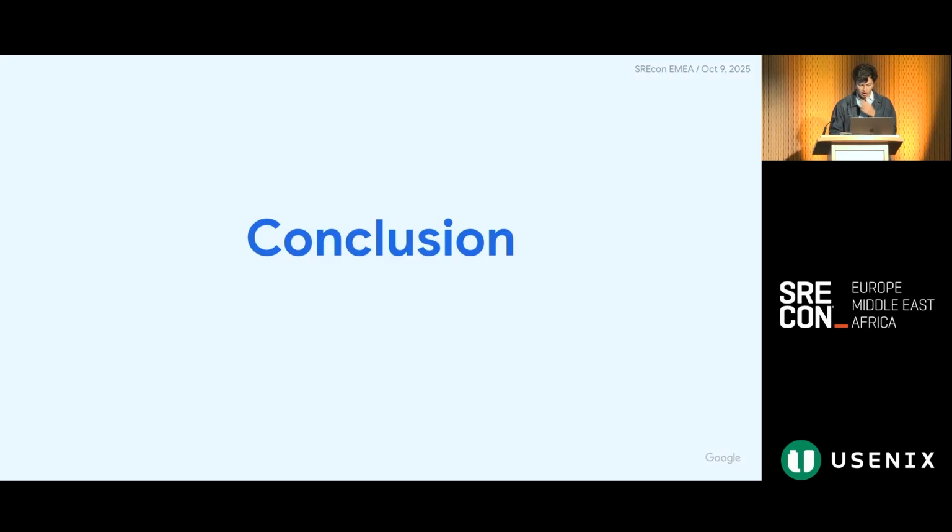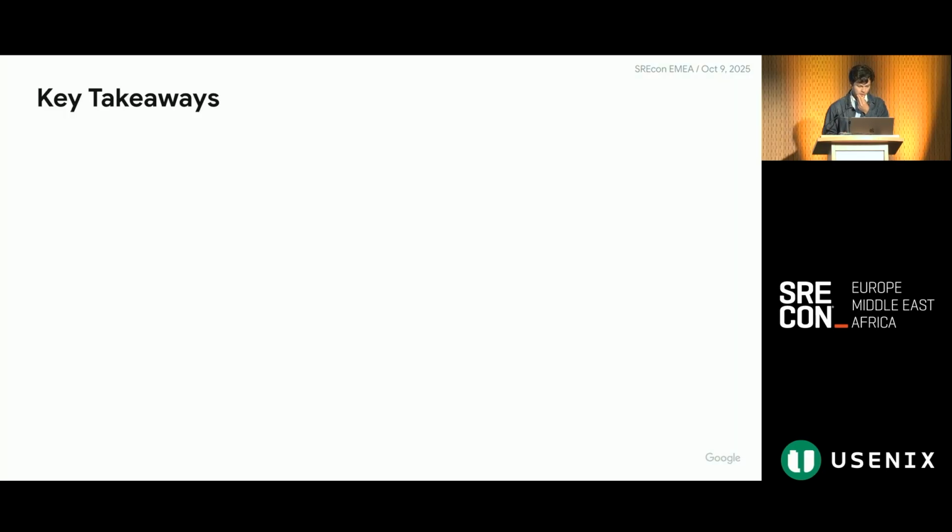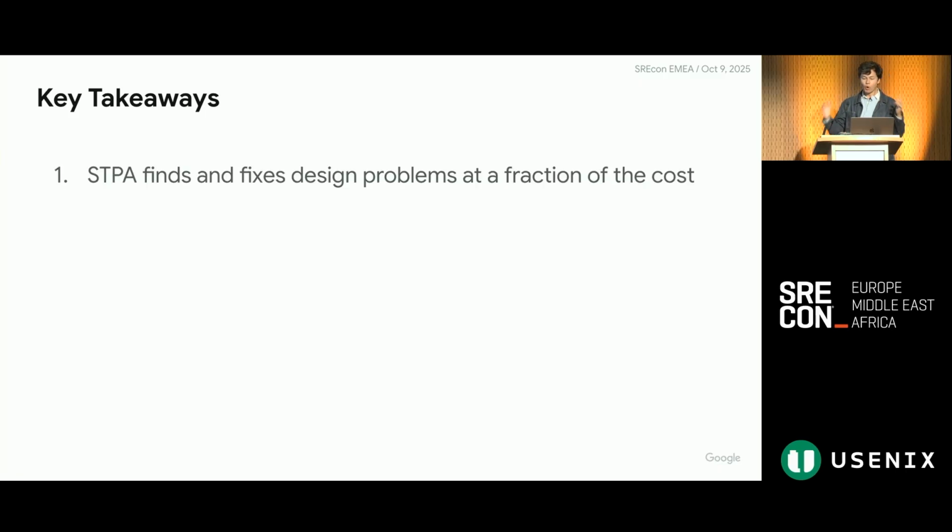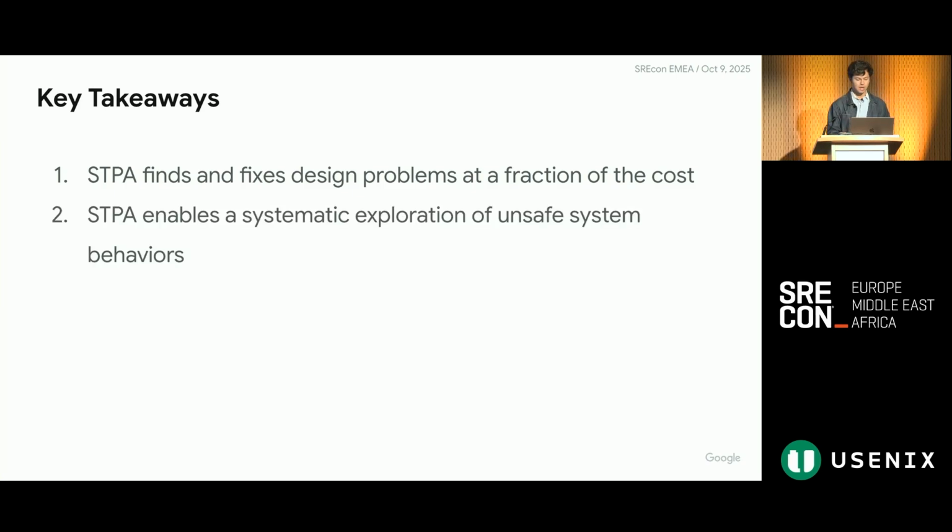Great. So what did we learn? Well, when we apply STPA to designs, before we implement our systems, we have the opportunity to fix our problems at a fraction of the cost. STPA enables us to methodically explore the entire space of unsafe system behavior.